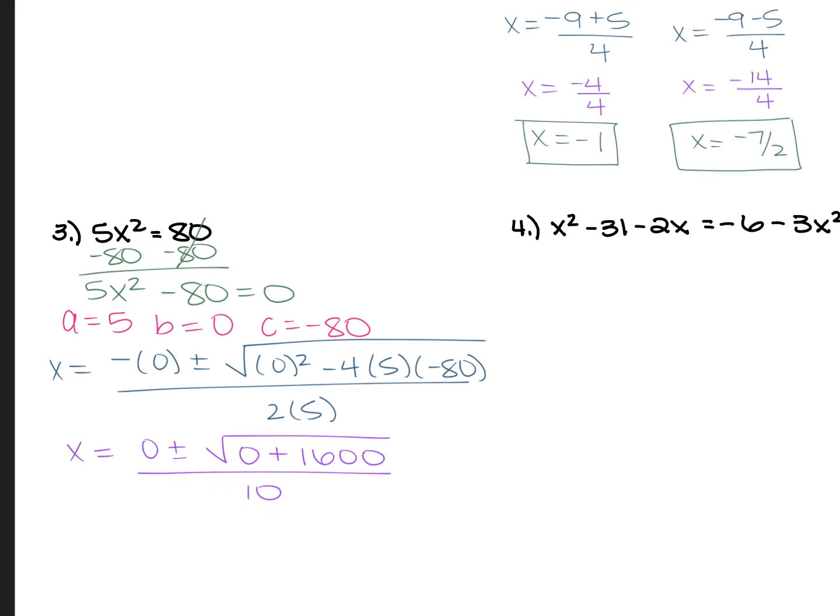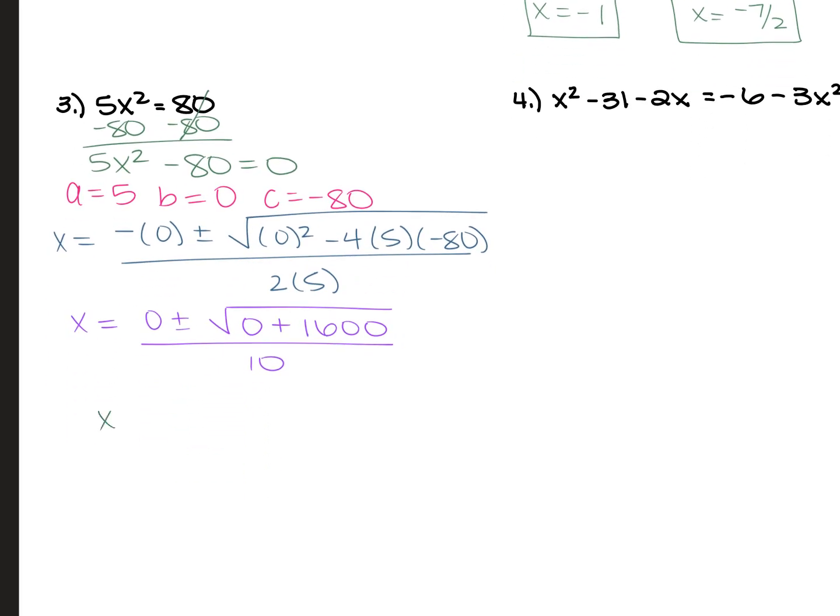So simplifying this even further, we're going to have x is equal to this plus or minus the square root of 1600 all over 10. The square root of that 1600 gives you plus or minus 40, because this is 16 and 100.